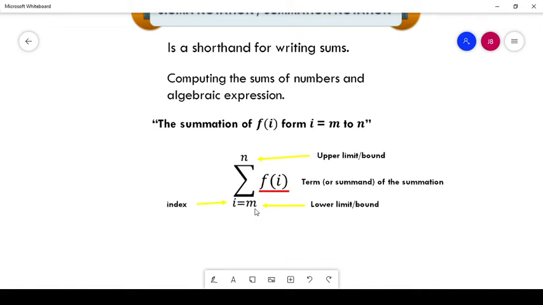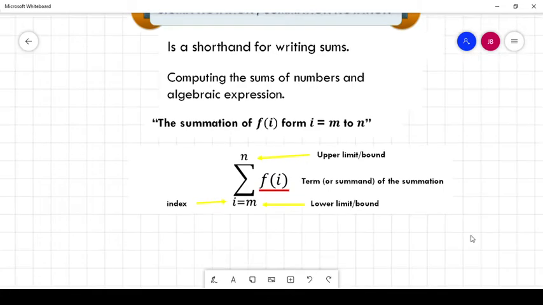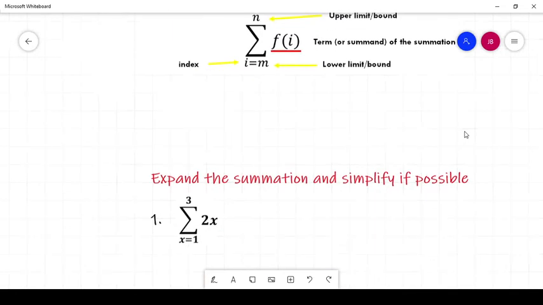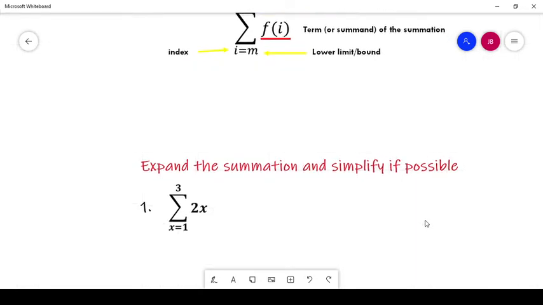Now for us to understand this sigma notation, let us use our concept in evaluating the sigma notation. So let's start with this one. Example number 1. We have to expand the summation and simplify if possible. So the summation of 2x as x equals 1 to 3.